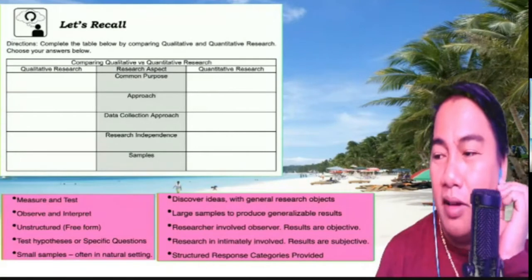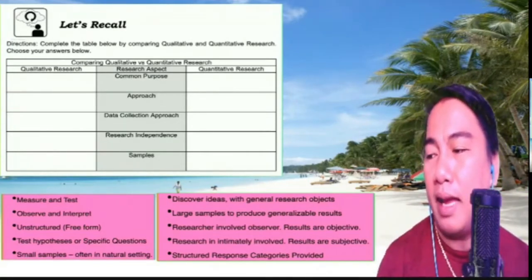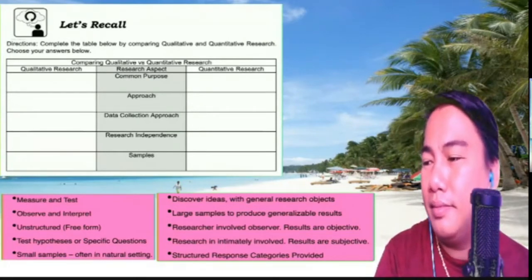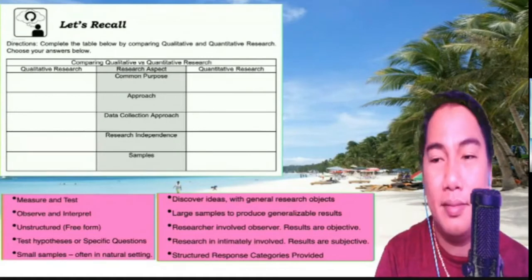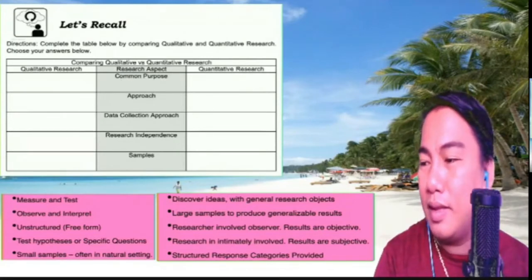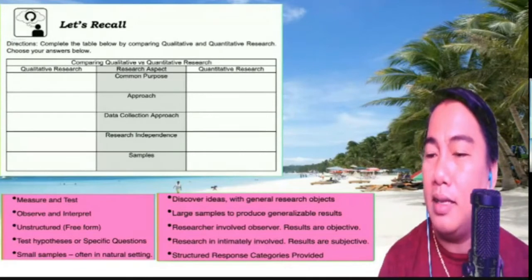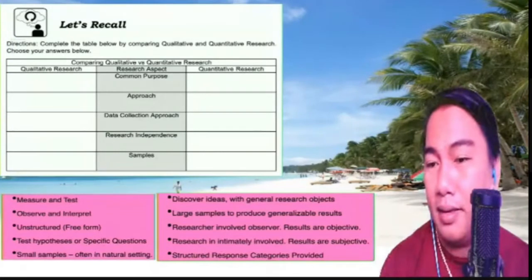Next, researcher involved observer, results are objective. Yes, the results are objective. Qualitative, sir?